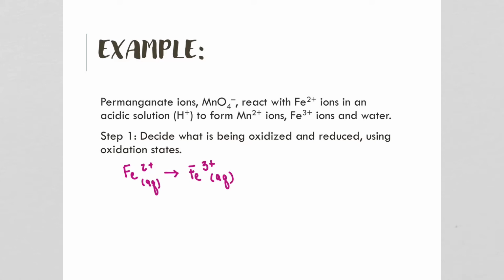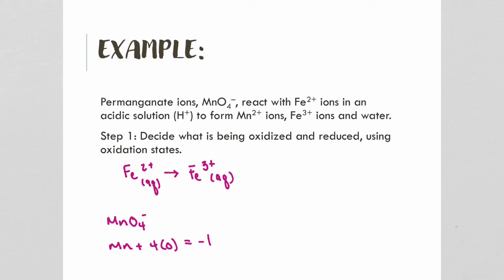The second one's a little trickier, but we can figure it out. So we've got MnO4-. Remember, we need to figure out what the oxidation state of manganese is in the example. So it'll be Mn plus 4 times O equals -1.